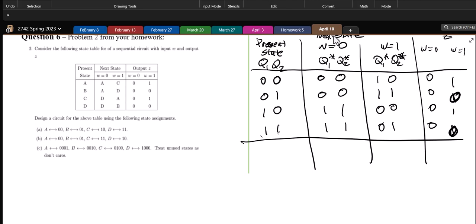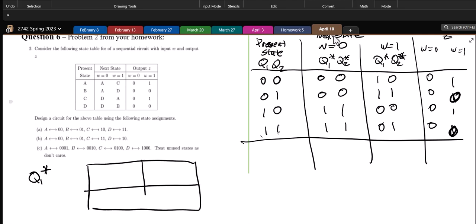Okay, so I'm going to start with a Karnaugh map for Q1 star. And I'll have Q1, Q2 on the top, and I'll have W on the side. So it'll be 0, 0, 0, 1, 1, 1, 1, 0, and 1, 0.